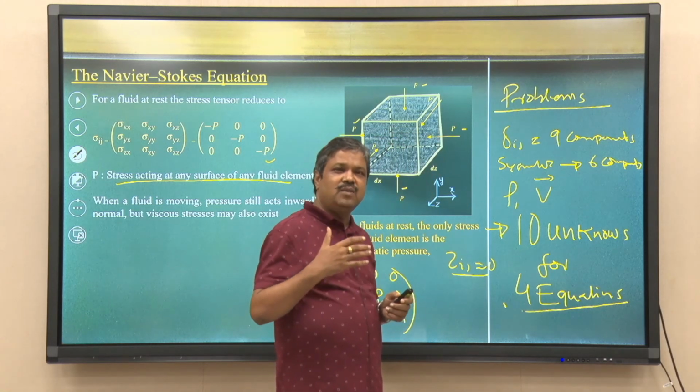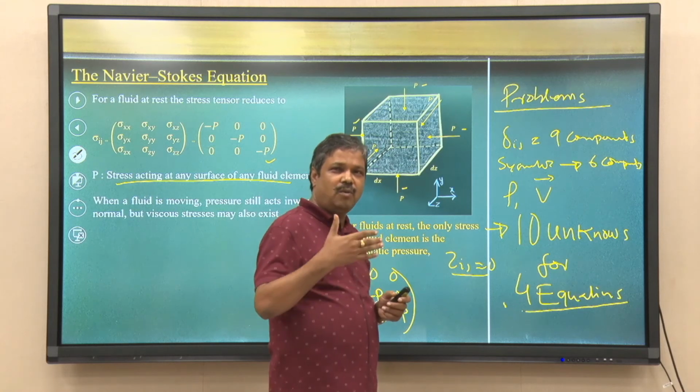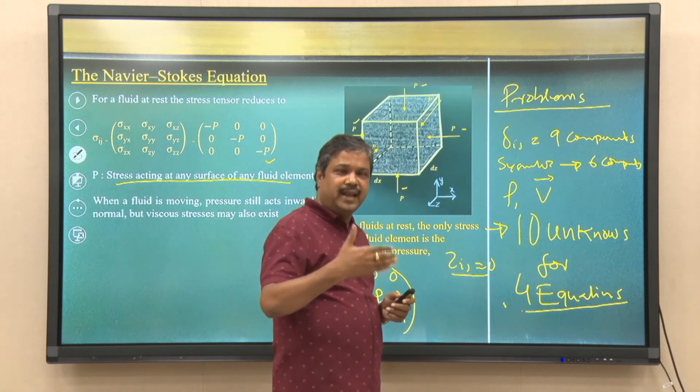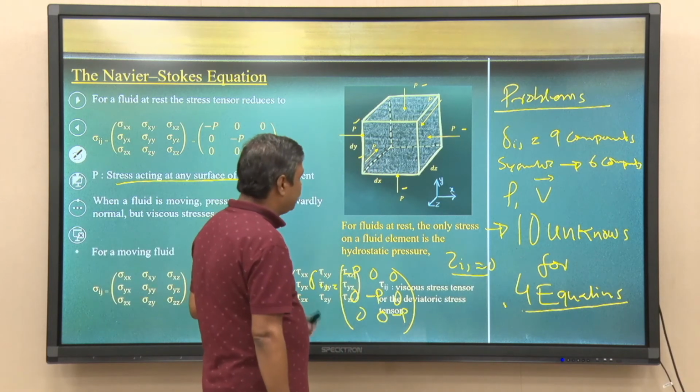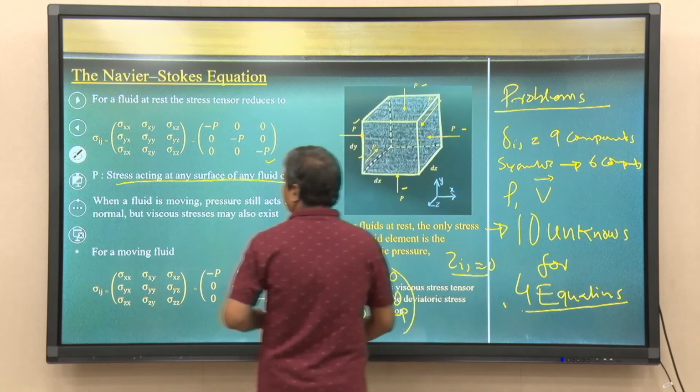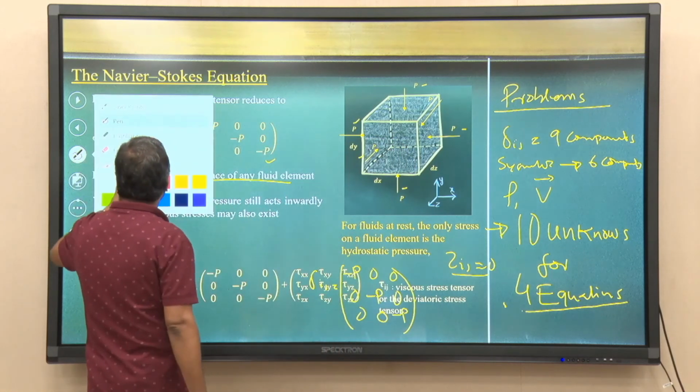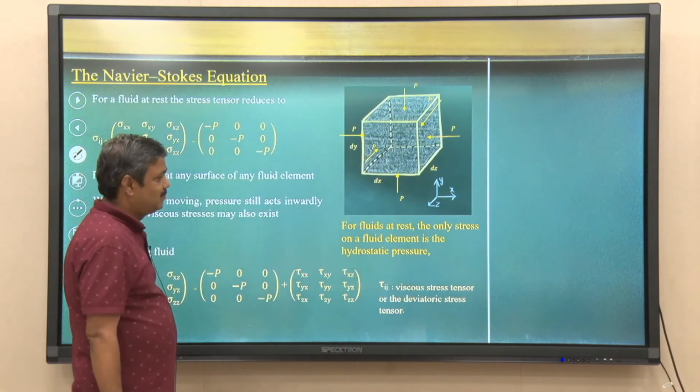That means, if the fluid starts moving from rest to a moving condition, then the pressure component that is built up comes out to be this.